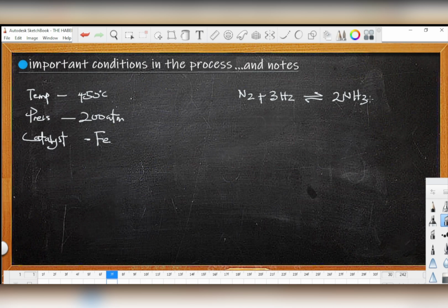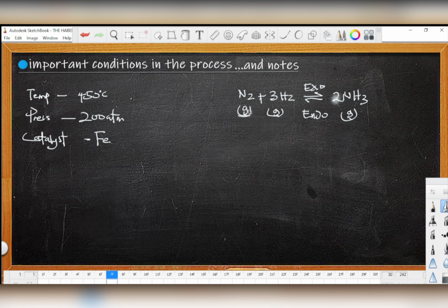So this reaction is exothermic and the reverse must be endothermic. Increasing pressure favors the path with the least number of gaseous moles. All of these things are gases, but the least number of gaseous moles is this side with 2 moles of ammonia. So increasing the pressure will favor this reaction. It will push equilibrium this way.